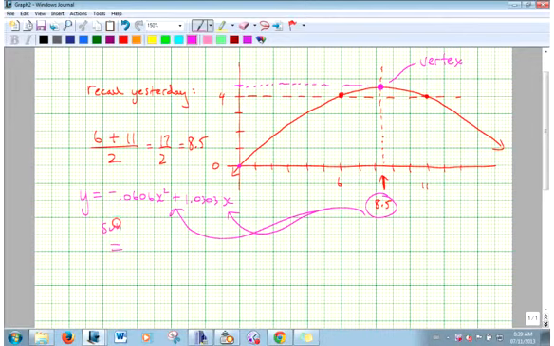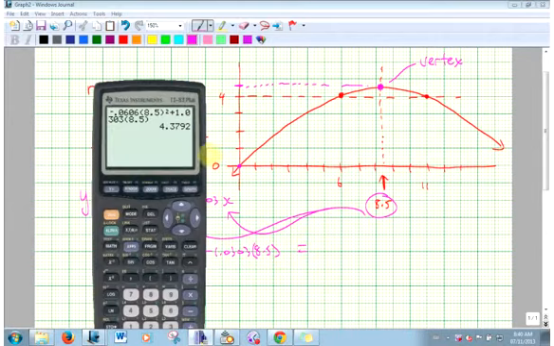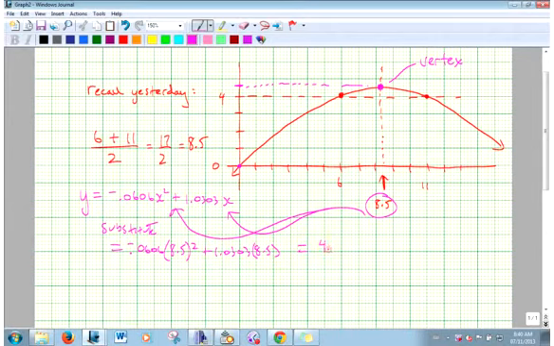Okay, so substitute. I'm just going to write it out. 0.0606 times 8.5 squared plus 1.0303 times 8.5 gives me, let's just round it, 4.4. There it is.